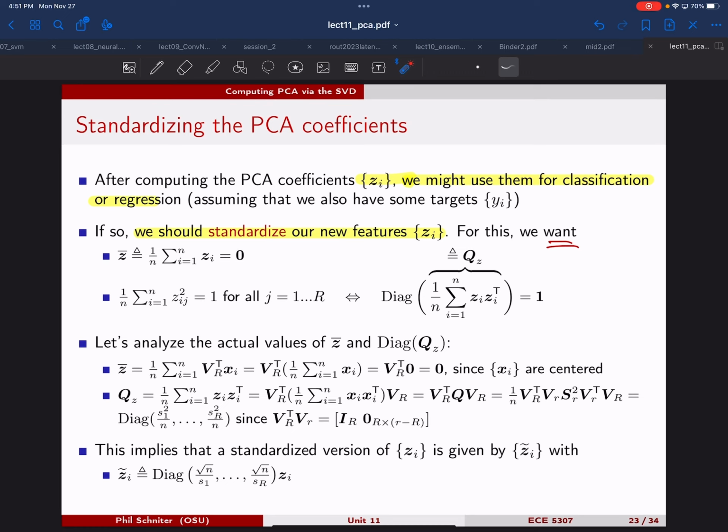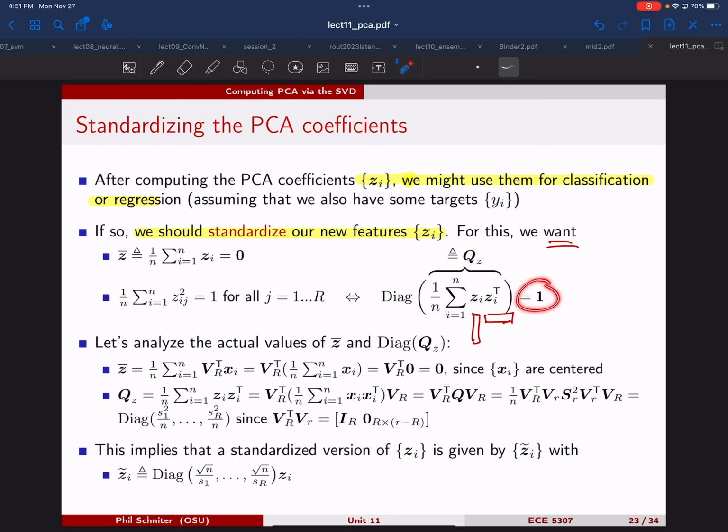How do we rewrite this in the language of this unit? If you look at this Q_Z matrix, this is the matrix of the average outer product of the Z_i, and you think about what is on the diagonal of that matrix, those are going to be these variance terms. So the diagonal of the autocovariance matrix of Z, you want that to be the ones vector.